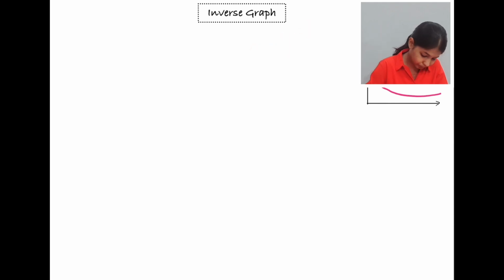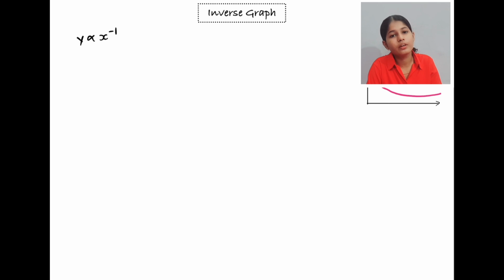What is the general form from which you can recognize it? If y is directly proportional to x having a power of less than 1, meaning x to the power minus 1, then y is given by 1 upon x.